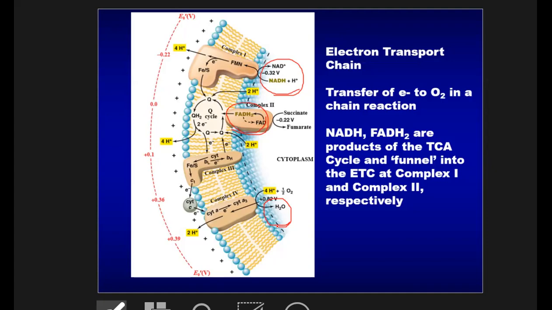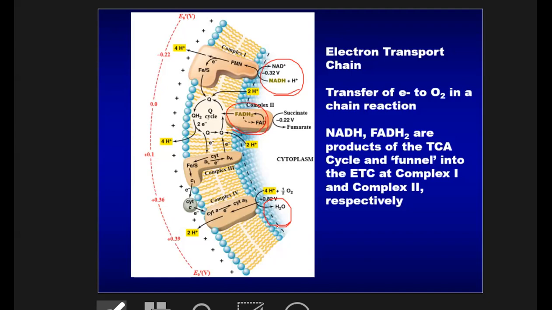Now, unfortunately, the artist who drew this really just zoomed in to the electron transport chain and forgot one huge thing that we need to think about, although they're alluding to it here a little bit.